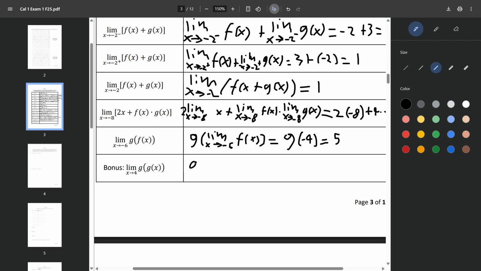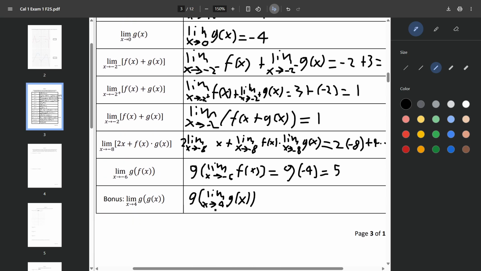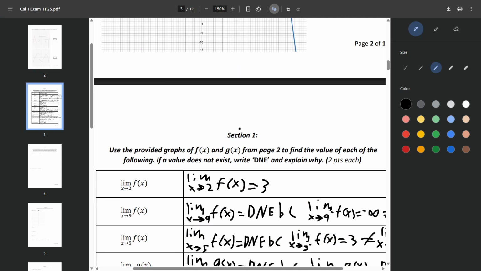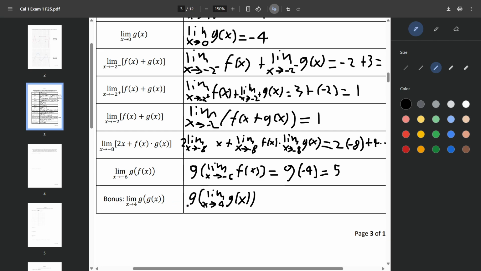We'll rewrite it as g of the limit of x approaching 4 of g of x. And we'll see what the limit of x approaching 4 for g of x is. Sorry, just double checking.